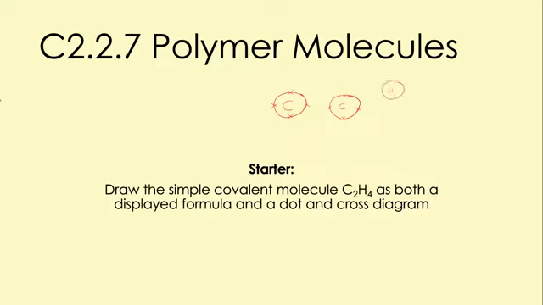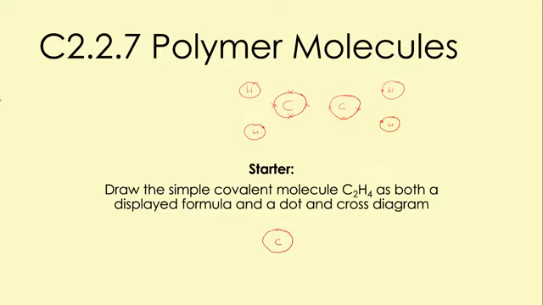Each hydrogen has 1 electron in the outer shell. So each hydrogen needs to gain 1 electron and each carbon needs to gain 2. So I can draw this out at the bottom.